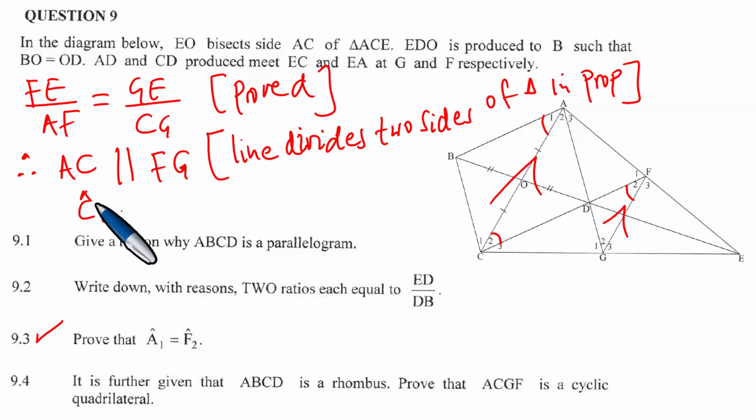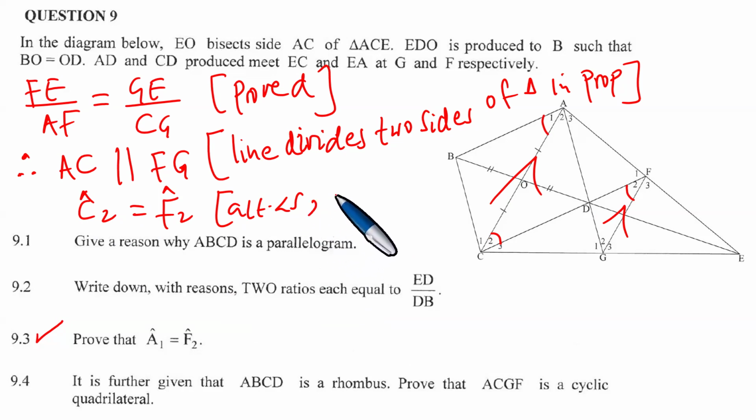The angle C2 equals the angle F2, and the reason is these are alternate angles, with AC parallel to FG.